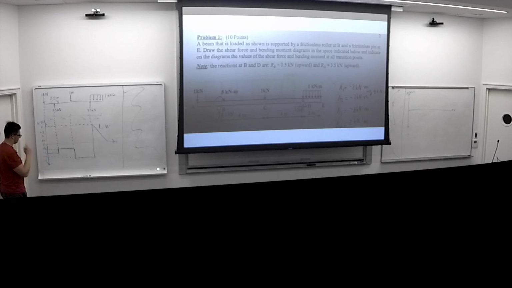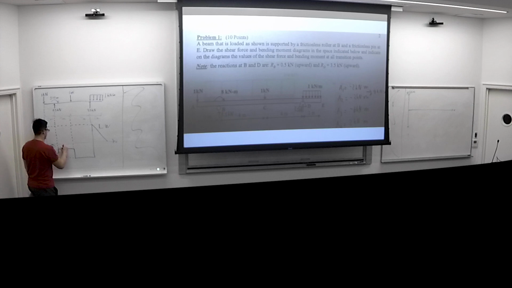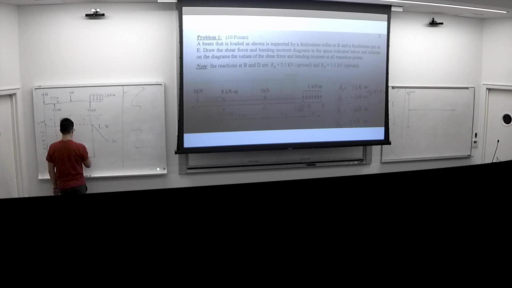So what that means is the area under this section is -1 times 2 meters. So that's -2. This is 4 meters times -0.5. So that's also -2. This is 4 meters times -1.5, which is -10, I think. Wait, that's actually not right. 6.